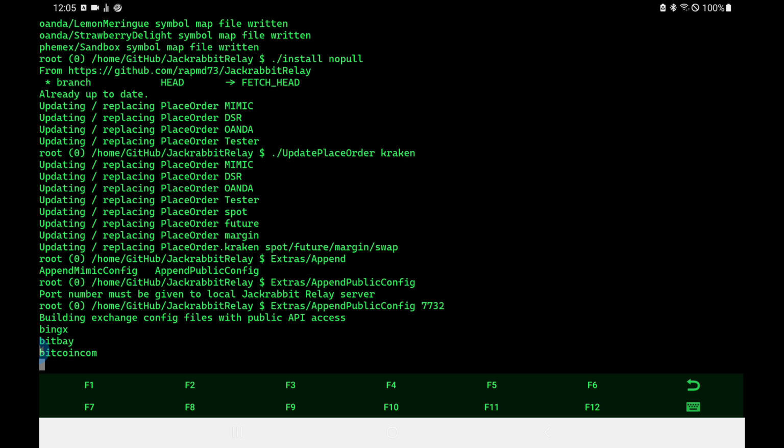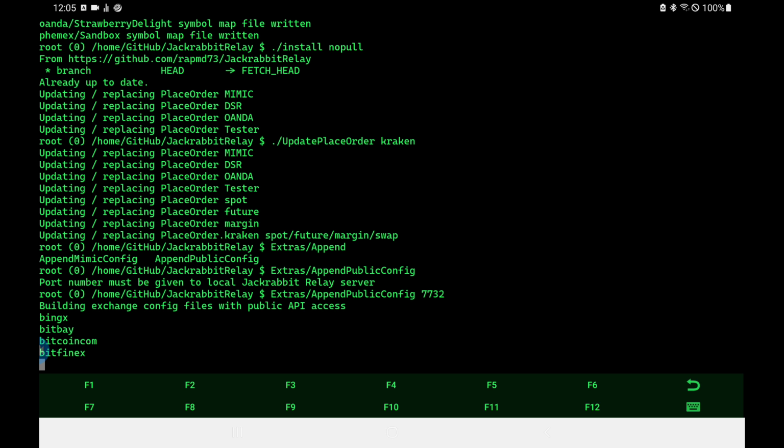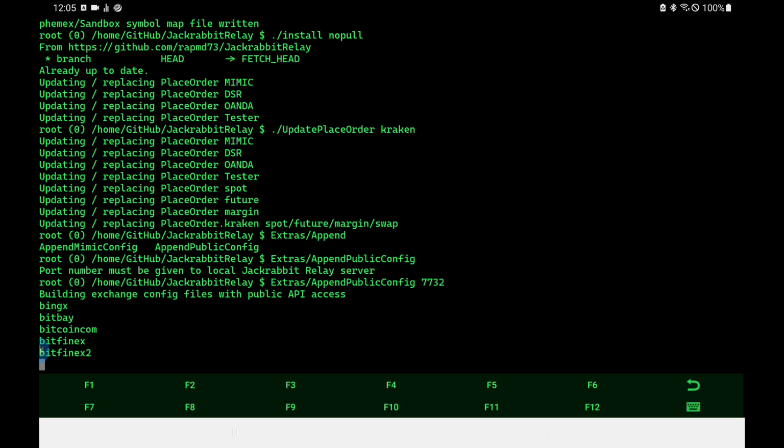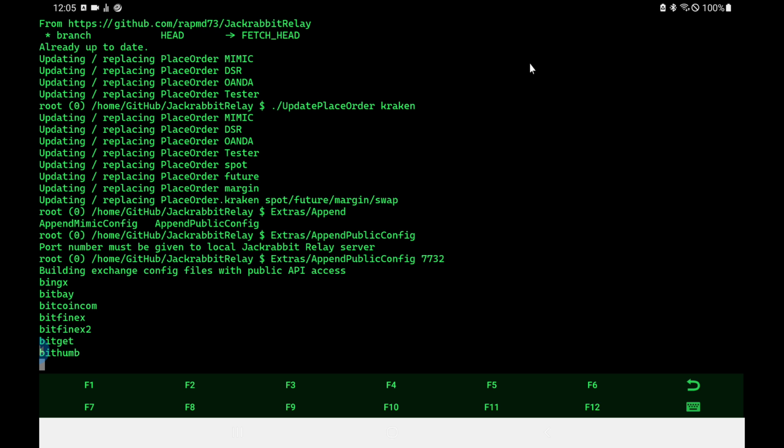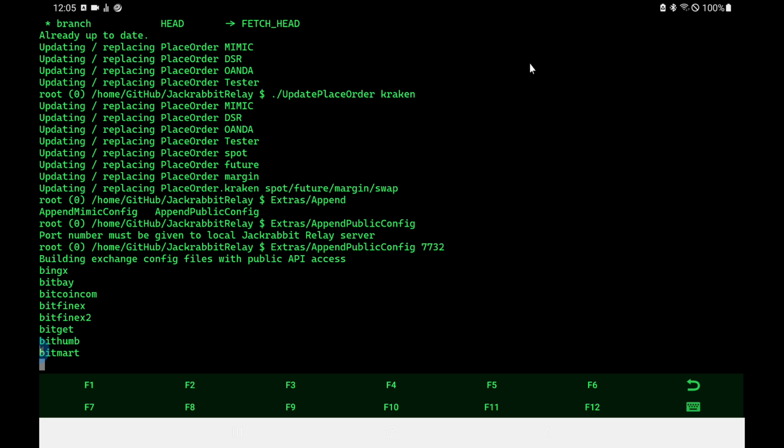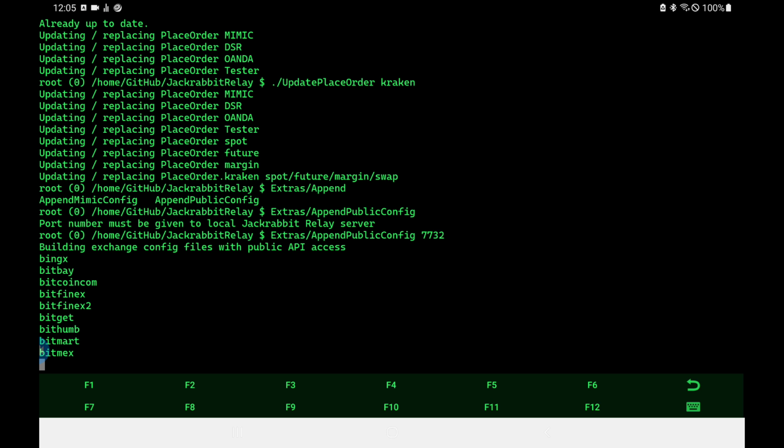So as we can see, it is going through now and searching various numbers of exchanges that are available for me to use. This will take a few minutes. All of these exchanges can be used with Mimic.